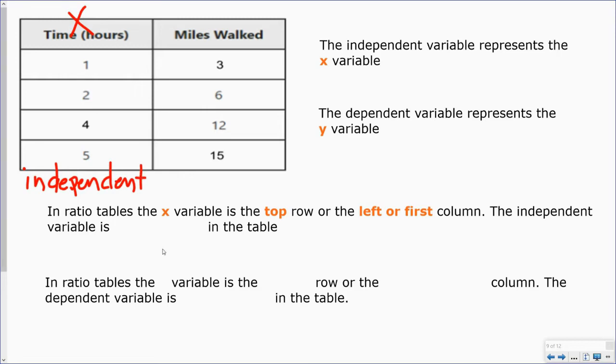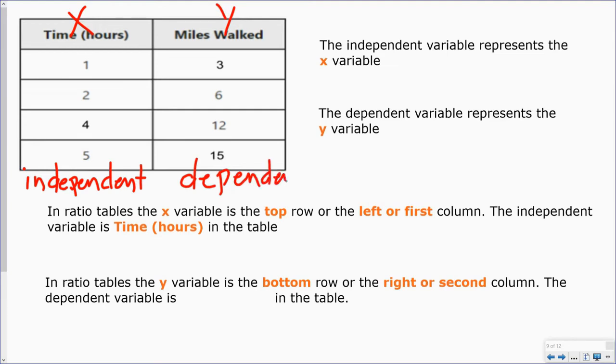And the independent variable is the time or hours in our table, which we just represented. In ratio tables, the y variable is the bottom row or the second or right column. So in our case here, this would be the y, or this would be the dependent variable. And it says here the dependent variable is the miles walked in the table, which again, we just labeled.